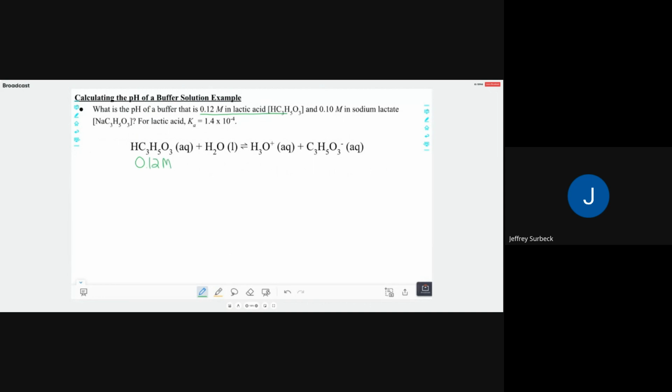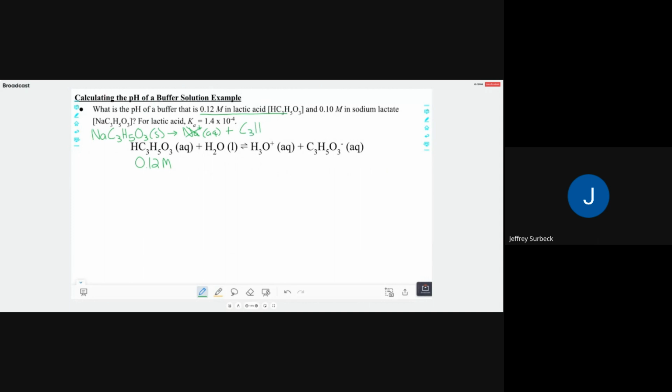Now our base comes from this sodium lactate. So again, if I take NaC3H5O3, and it's a solid, and I add it to water, it would break down to sodium, Na+. Does that really matter? No, it does not really matter. It is aqueous, that does not matter as well. And then we would have some lactate.